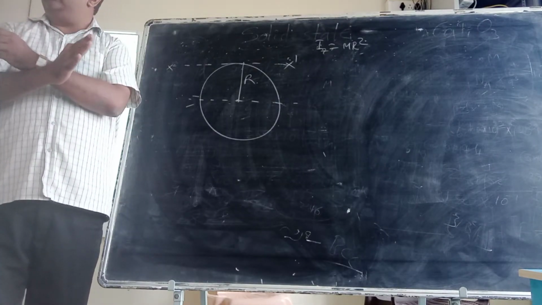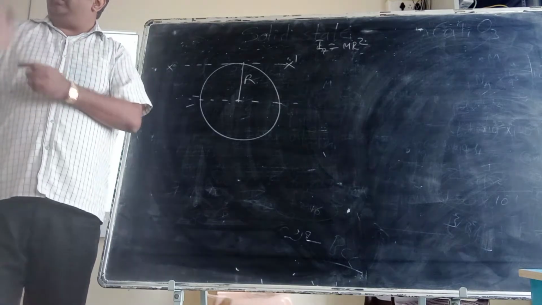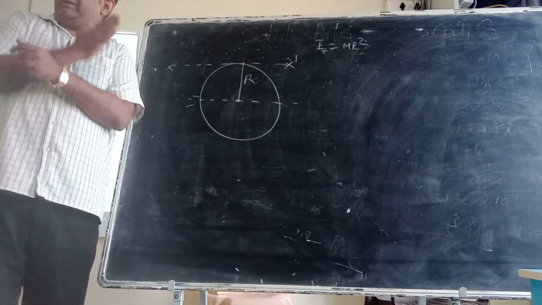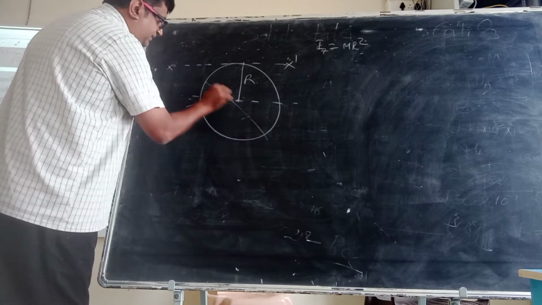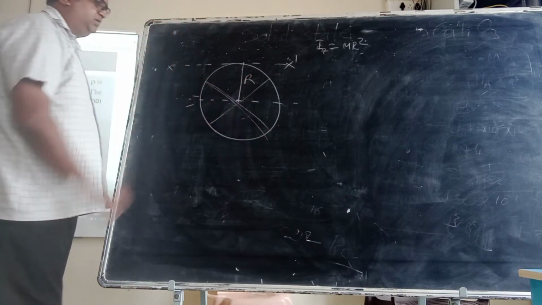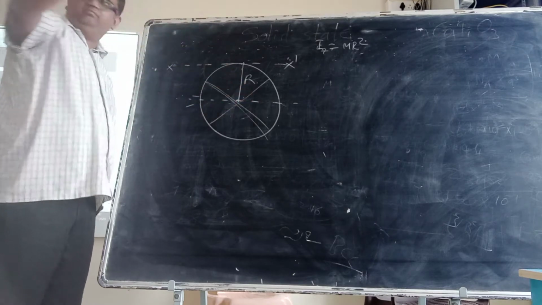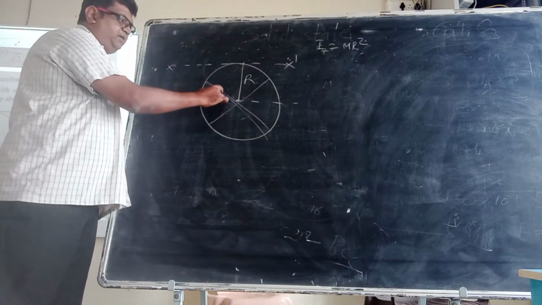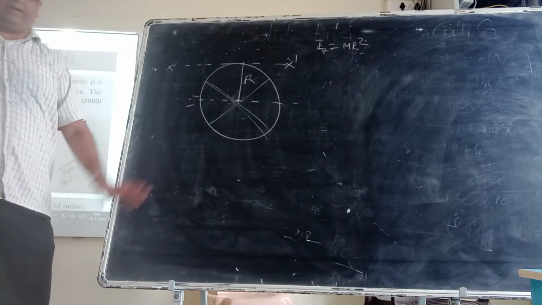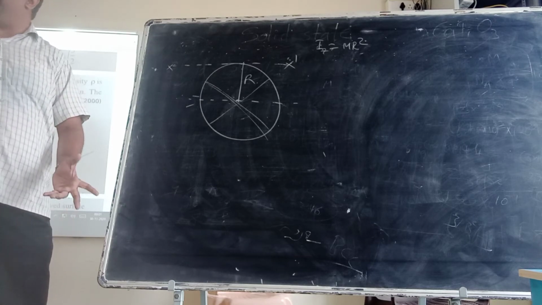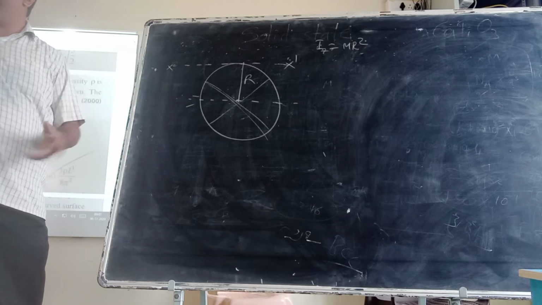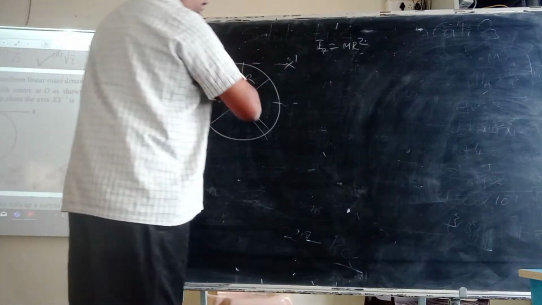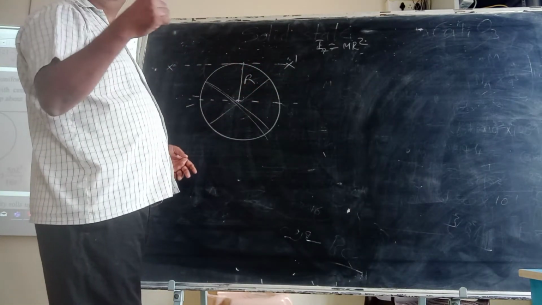If there are two axes which are mutually perpendicular, you have to take a third axis which is perpendicular to both. If I take two diameters like this, let us say, this line will be perpendicular to this and this. And because this is a circle, both are identical. You take any diameter, it is identical. So, apply perpendicular axis theorem.